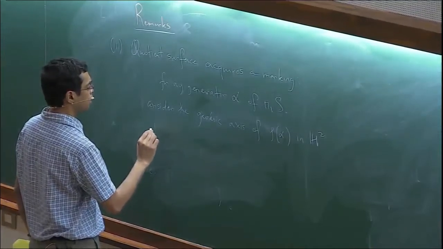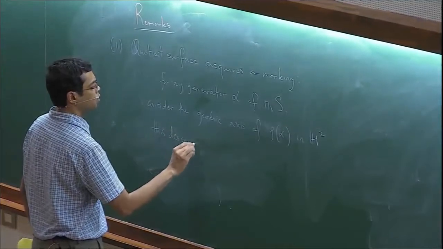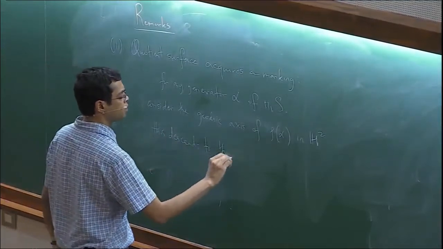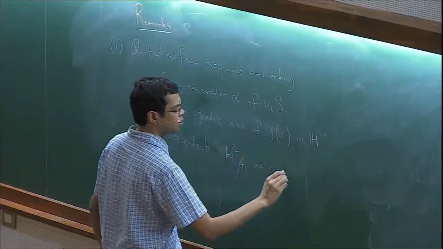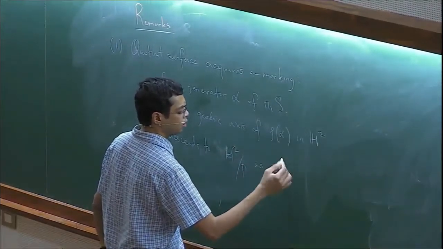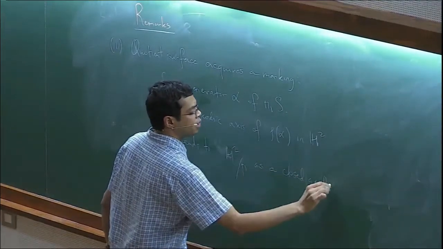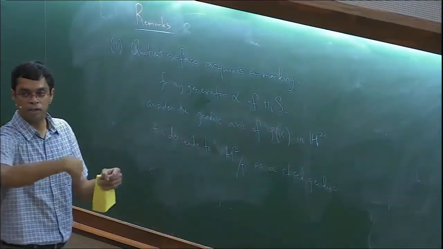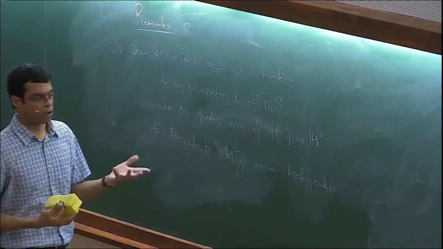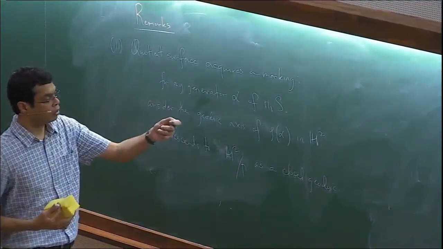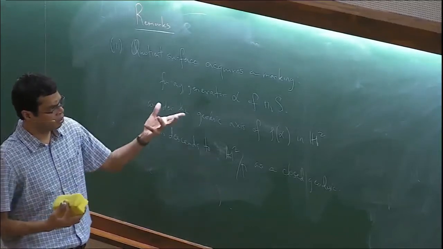This descends to the quotient surface H2 mod gamma as a simple closed geodesic. Once you know these image curves on the quotient surface, corresponding to each generator of the fundamental group, that's equivalent to giving you a marking.